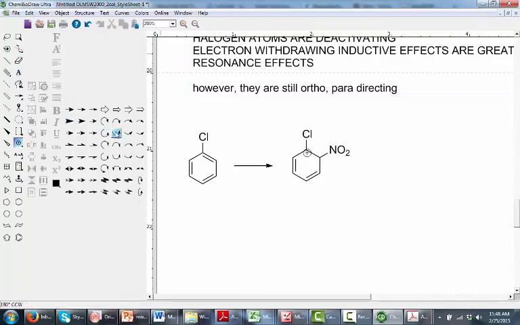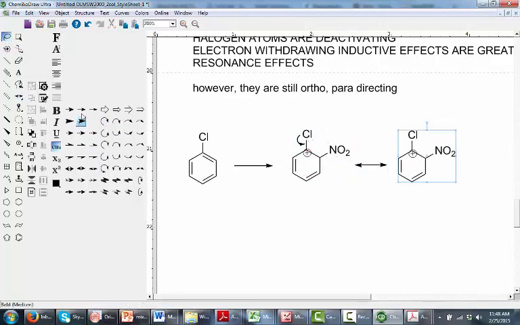I now have a lone pair of electrons on this chlorine that can stabilize that resonance form, and again, that additional resonance stabilized form is only available in cases where the nitro group is now going to be in the ortho or the para position. All right, so this is sort of just an analogy of the OH and the NH2, but that's why the halogens are ortho-para directing, even though they are deactivating.